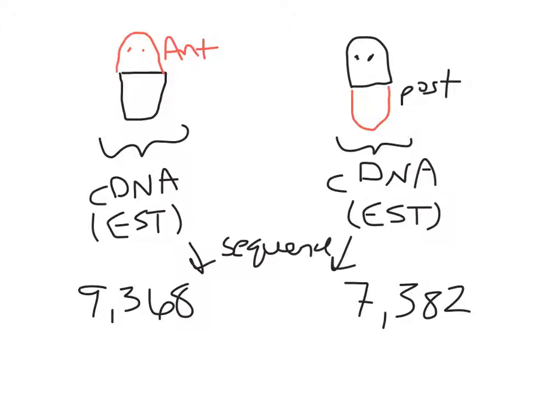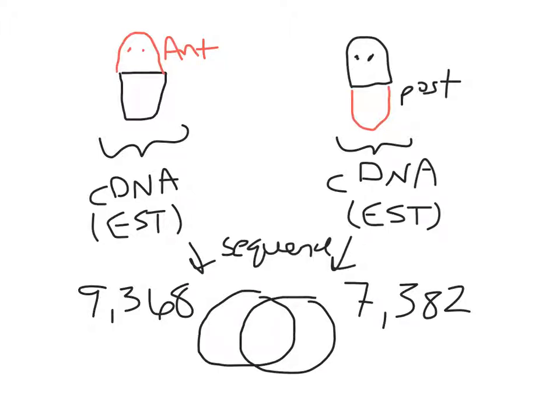So you've got a list of genes from organism A on the left and a list of genes from organism B on the right. If they look at the list of genes and they find some that are only expressed in the anterior or only in the posterior, they would know that they're at least playing an important role in the development of that part of the body.